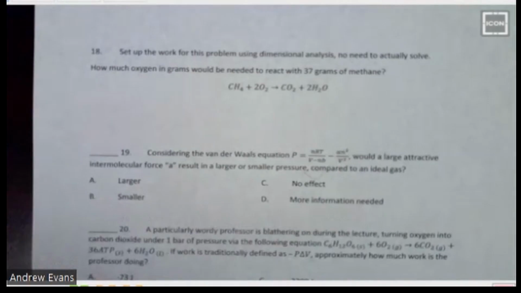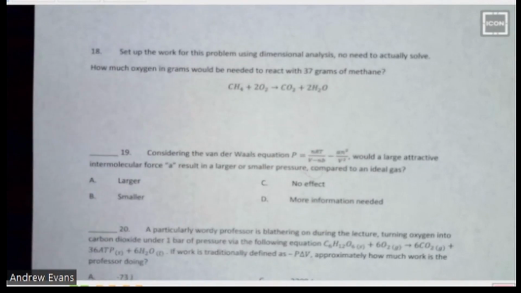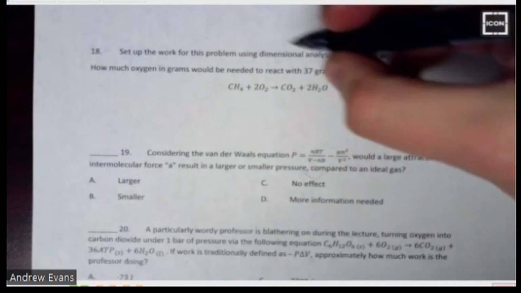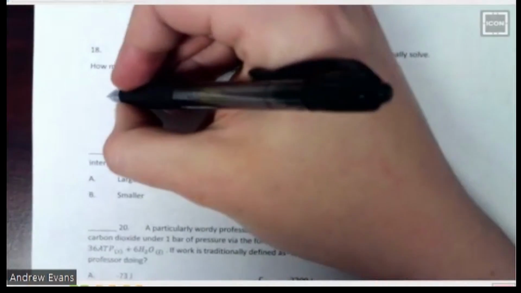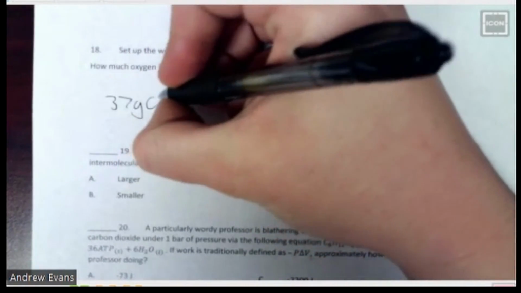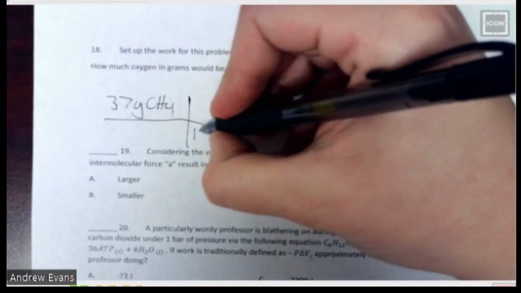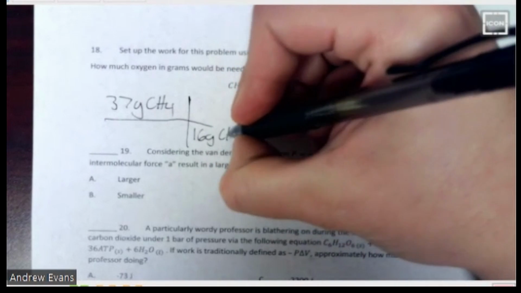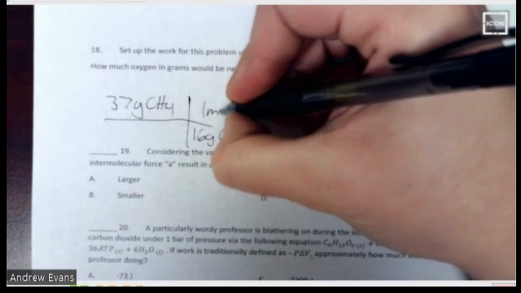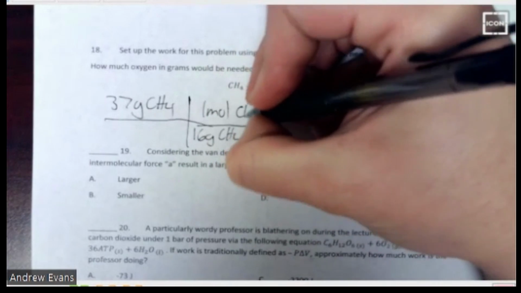Just a simple setup problem. You don't even have to solve it, but turning grams to moles to moles to grams. 37 grams of methane. Methane, 12 plus 4 is 16 grams of methane for 1 mole of methane.